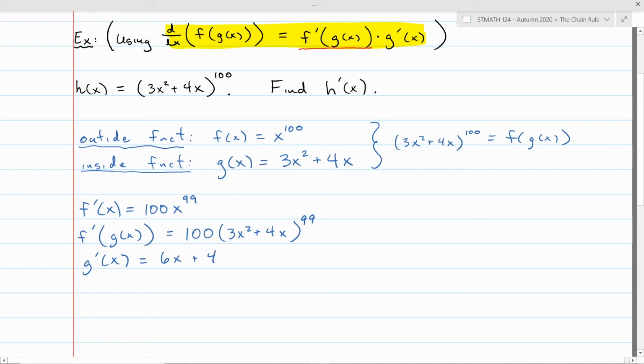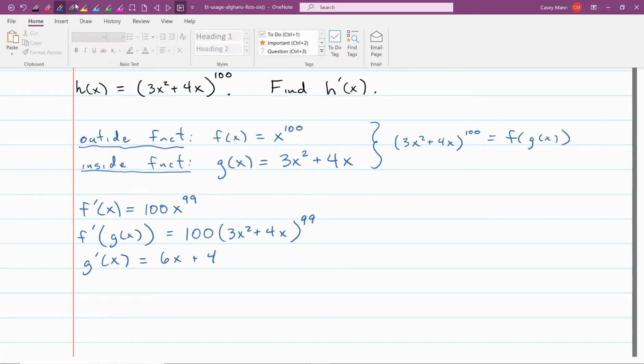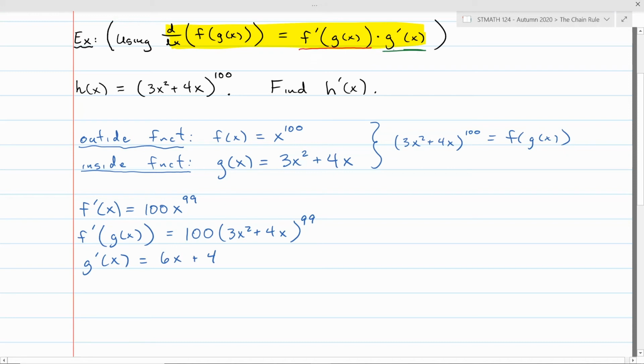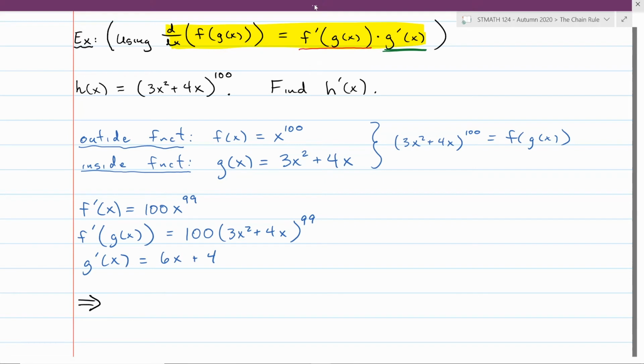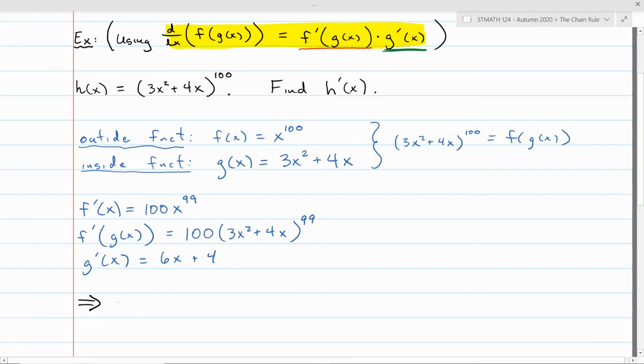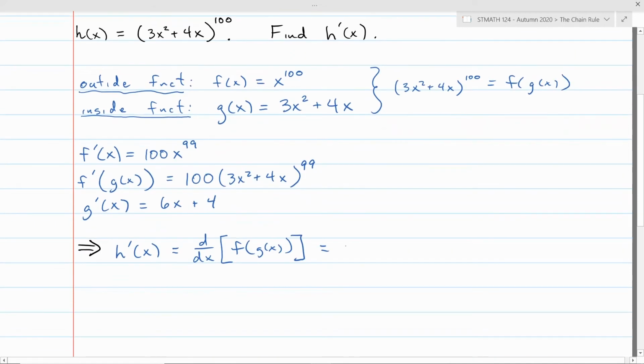Underlining in green here, we know what g prime of x is, so now we have both of the pieces, in red and green at the top, that we need to calculate the derivative. At this point, h prime of x is the same as taking the derivative of f of g of x. It's going to be f prime of g of x, so it's 100 times 3x squared plus 4x to the 99th.